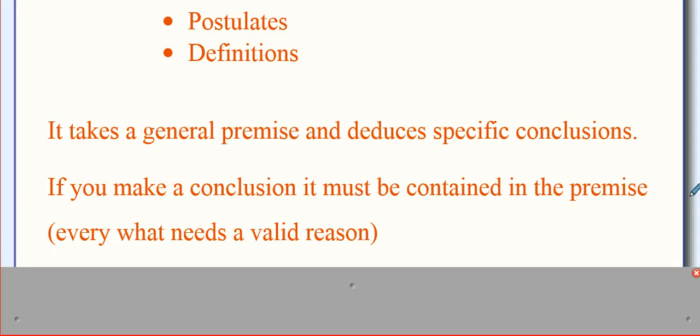It's going to bring it down to a more specific conclusion. If you make a conclusion, it must be contained in the premise. Every step needs a valid reason. Another way of thinking about that: you have to have the first part of it fulfilled. The premise has to be fulfilled in order to use it further than that.